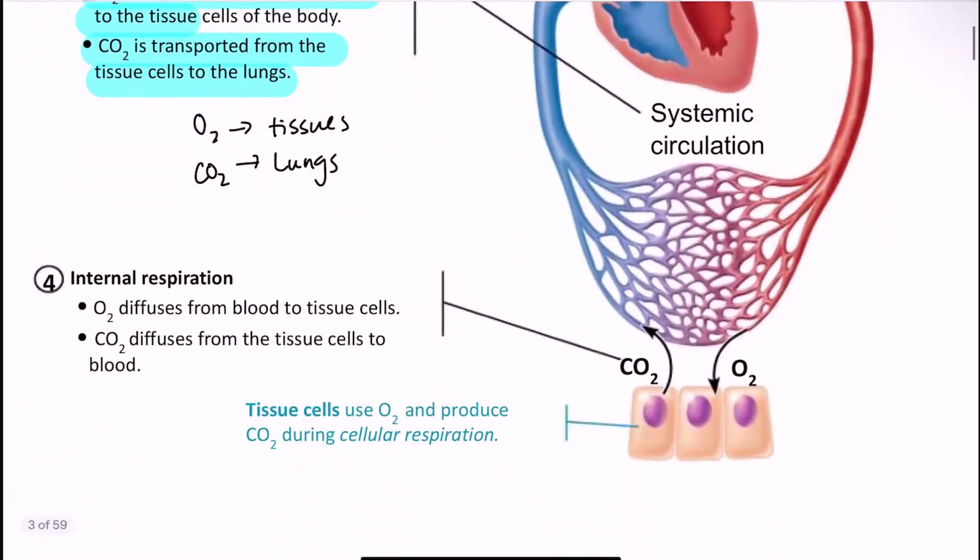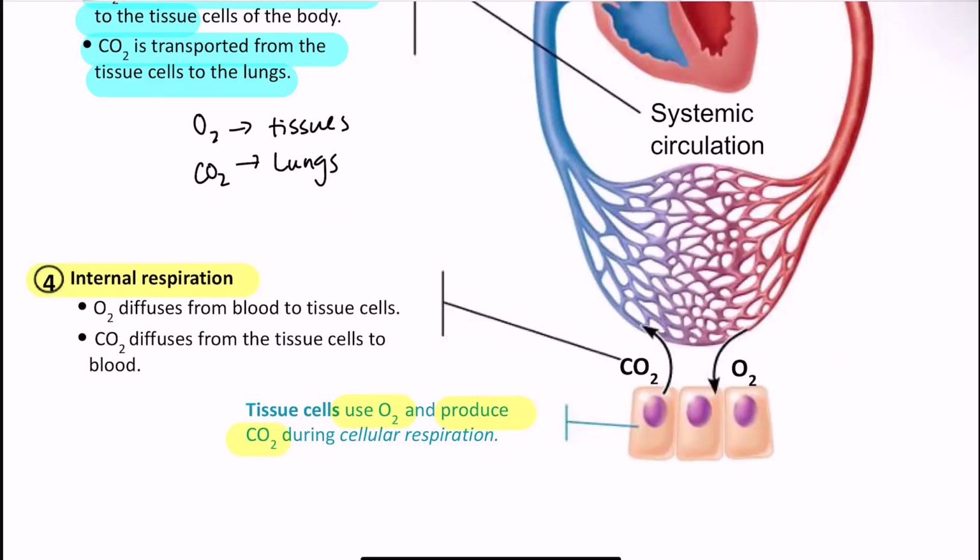Fourth job that we do as part of the process of respiration is internal respiration. So at the level of the tissue, we want to do the same thing. We want to drop off oxygen, get rid of carbon dioxide. Because remember that our cells, our tissue cells, they use oxygen in the energy making process, and then they produce or make CO2 as waste.